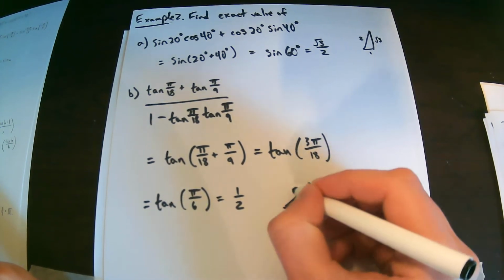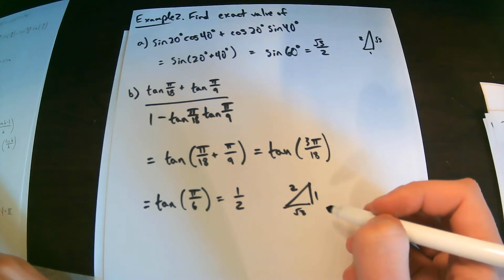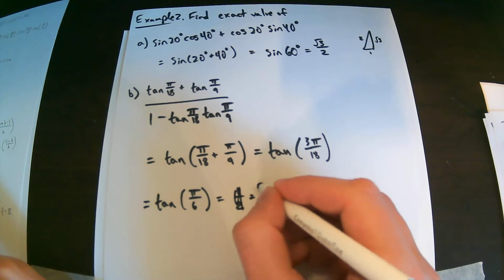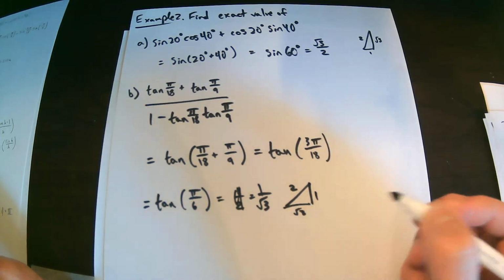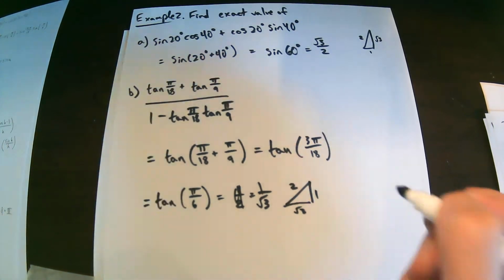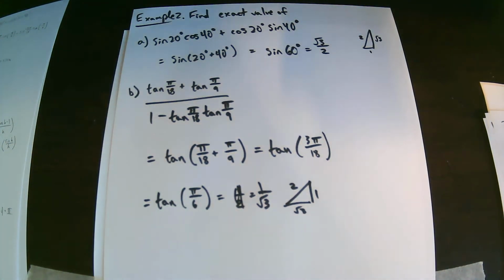Here's root 3, 1, 2. Oh, no. That's 1 over root 3. Opposite over adjacent. There we go, 1 over root 3. Okay, that's all they're asking for here, just going in reverse.